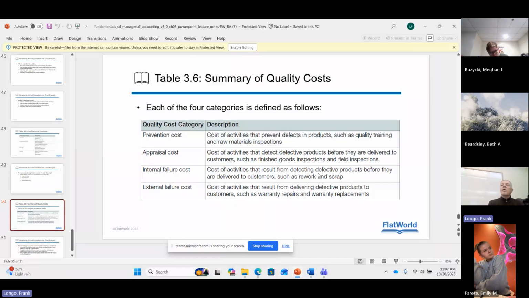Question. The external failure costs, the money you put aside for lawsuits and stuff like that, does it go through that category? Good question. Money that we put aside for lawsuits, would that go under an external failure cost? Yes, it can, because we incur that cost because of the failure, the defect in the product, especially where the product harms someone.